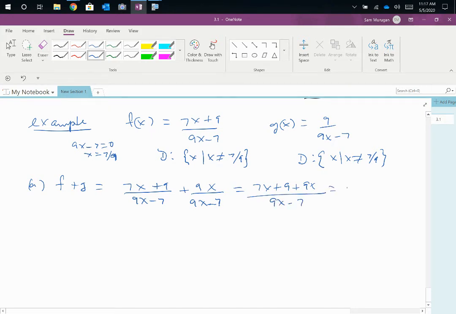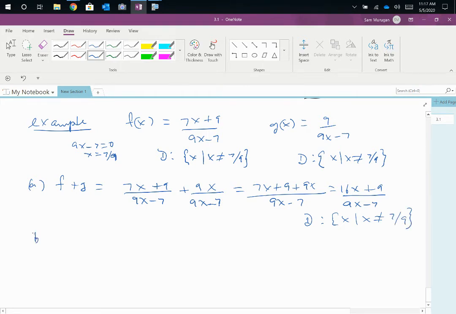That gives us 16x plus 9 over 9x minus 7. Notice the denominator is the same as for the original functions, so the domain is still x cannot equal 7 over 9.